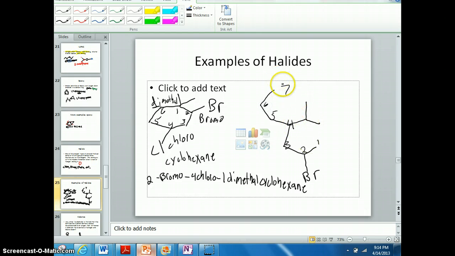Yep, so that's our longest carbon chain here. And what we have here, we're going to start here, and so it's 1, 2. So our bromo is at our 2.